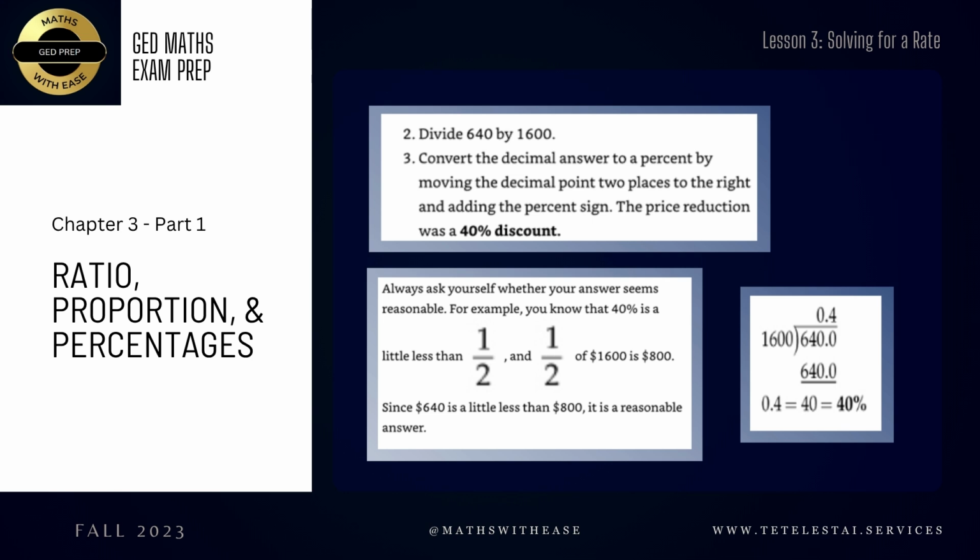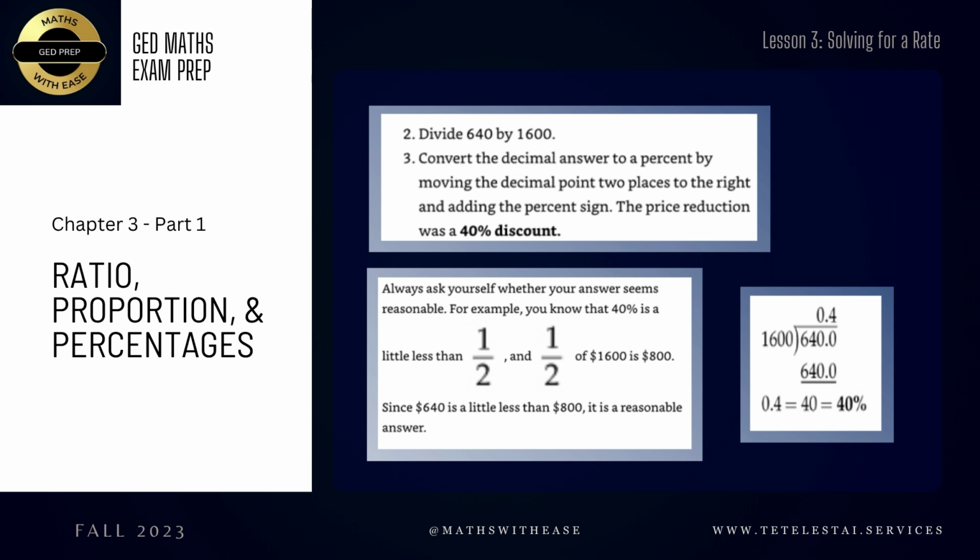In this case, you're going to write 1,600, your division symbol, you're going to put 640 as your dividend. 1,600 doesn't go into 6, so we have nothing there. 1,600 doesn't go into 64, so we have nothing there. 1,600 doesn't go into 640 either, so we represent that with 0.